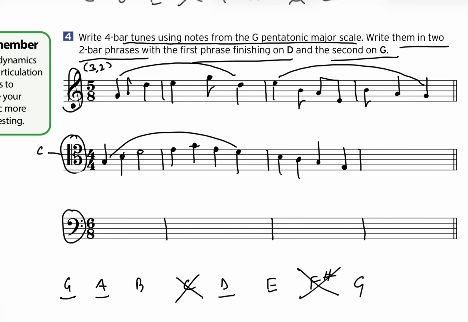Okay, and so from here let's make B. Okay, let's make A, and then let's make a half note on G, and that's how we finish. So we finish our second phrase here. Okay, now let's make the third one.